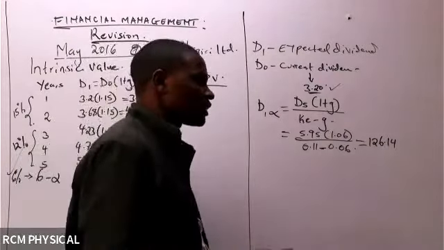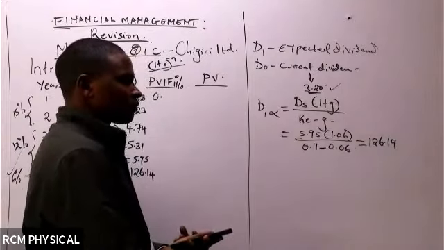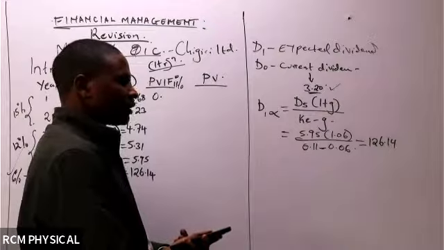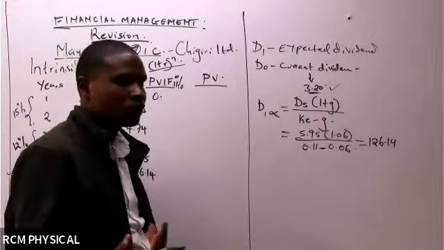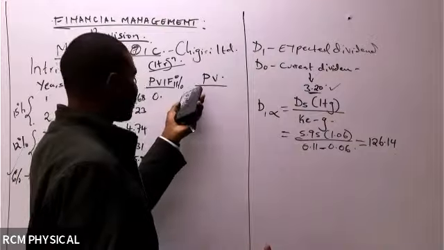Modest basis ya kwanza ni ngapi? Tunangoja. I'm waiting for you to give me PV, 1 plus R. R is 11.